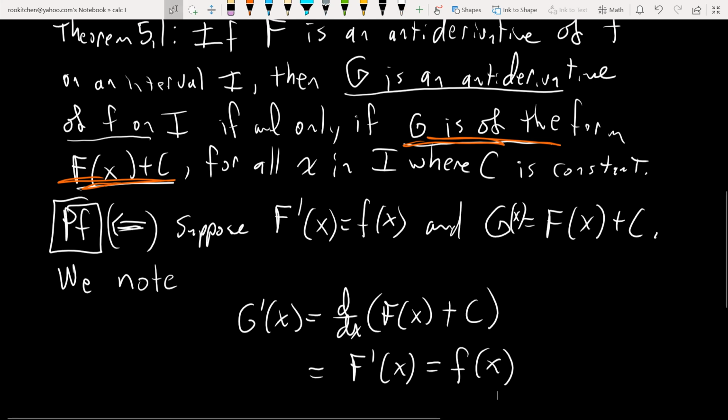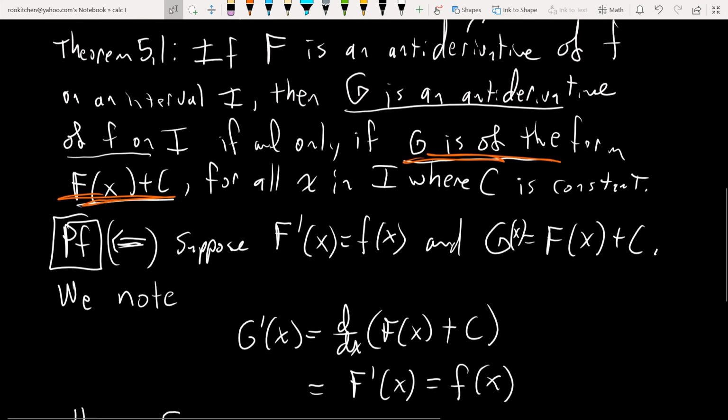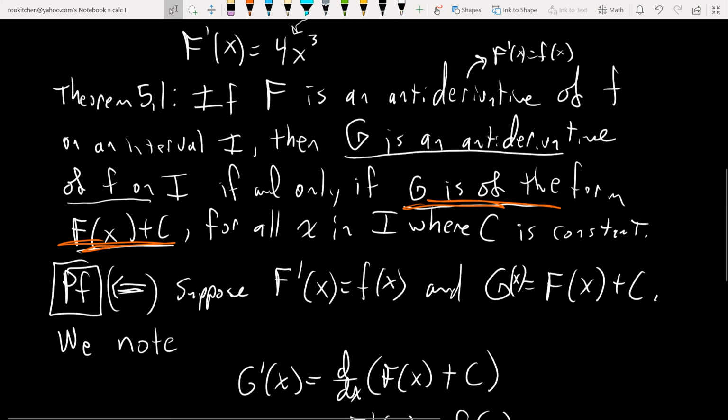And then by the definition of an antiderivative, G is an antiderivative. So hence, I've shown what I'm trying to show. If G is of the form F of x plus c, then G is an antiderivative of f. Okay.